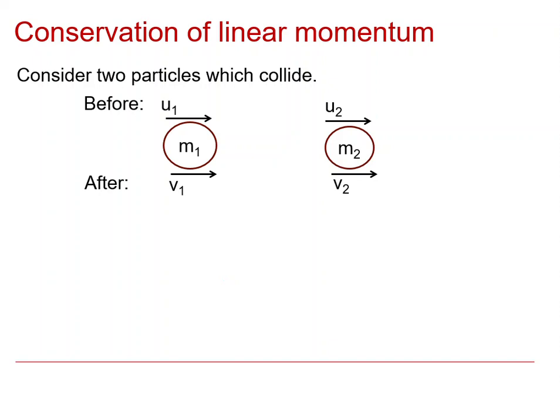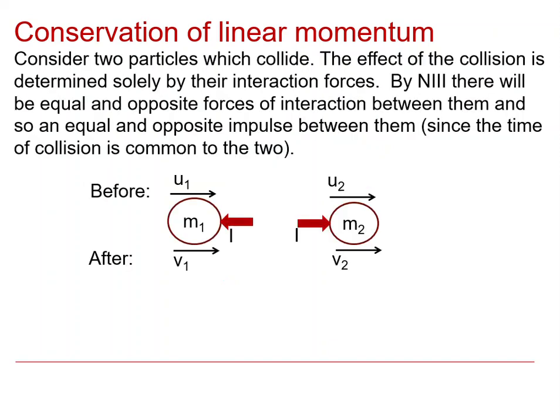You multiply the force by the time to get the impulse, and if the time is common, the forces being equal mean that the impulses will be equal as well. So let's put the impulses on the diagram. There we are, represented by two arrows of a different type, and the I in one case is to the left and the I in the other case is to the right, so that they are indeed equal and opposite.